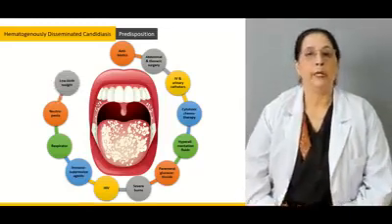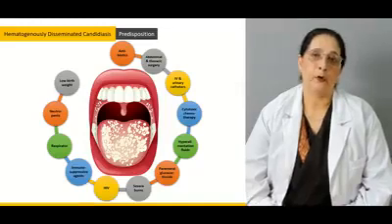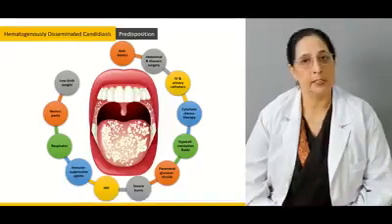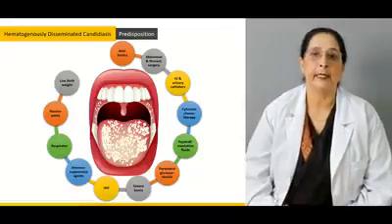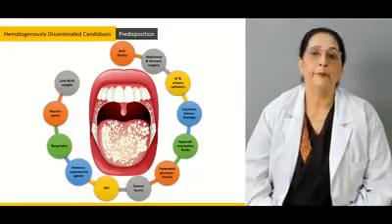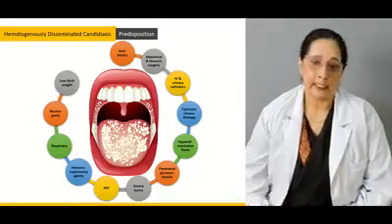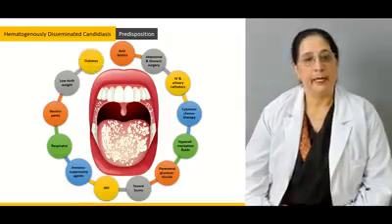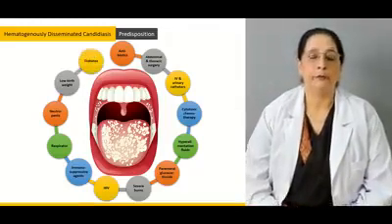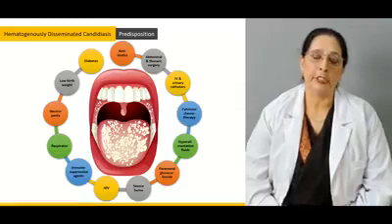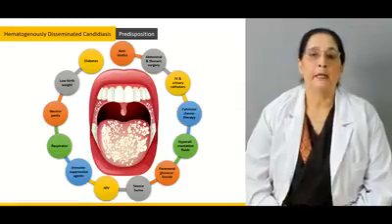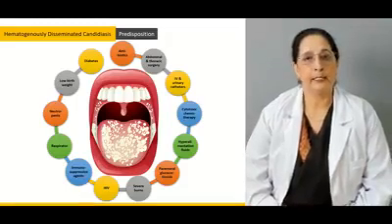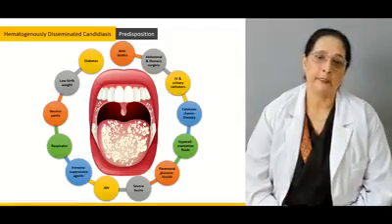Then low birth weight babies, who are born low birth weight, their immune system is not developed, and again they are very, very prone to candidiasis. And then diabetes, one of the very common conditions that can predispose to candidiasis is diabetes mellitus.